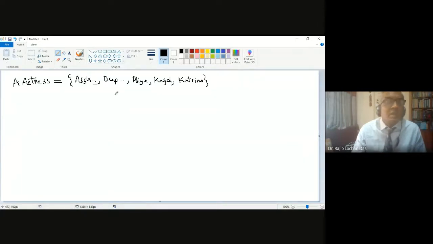So these are some actresses. Another set is B, and it is actors. I'm also taking some Bollywood actors.